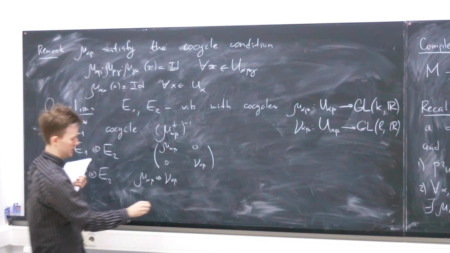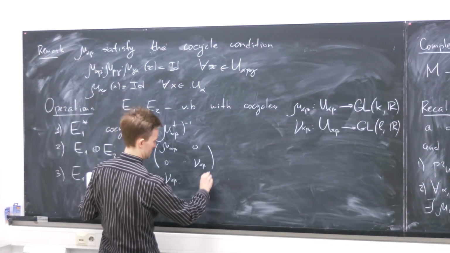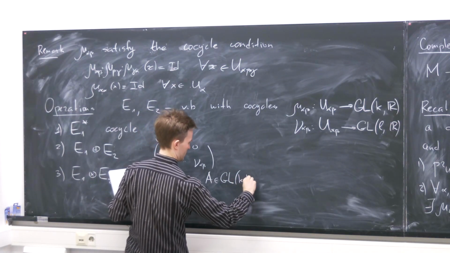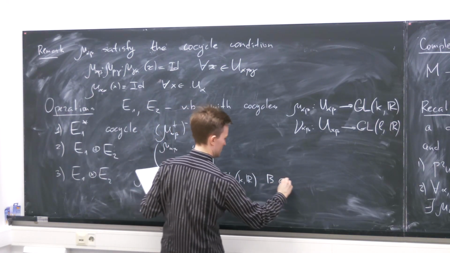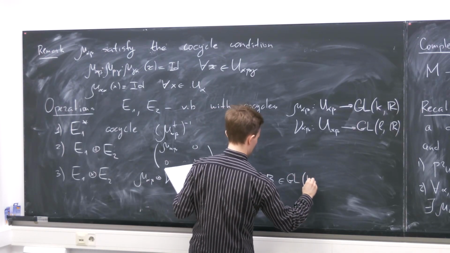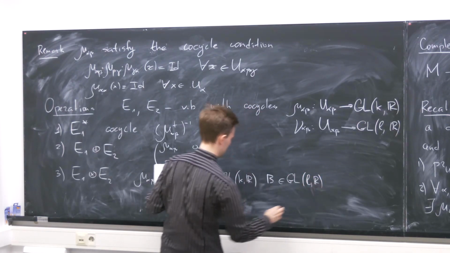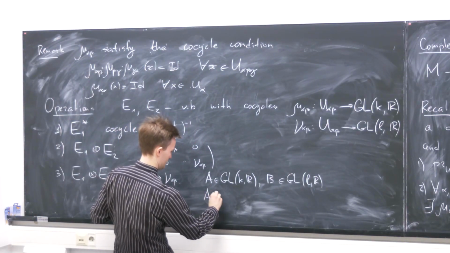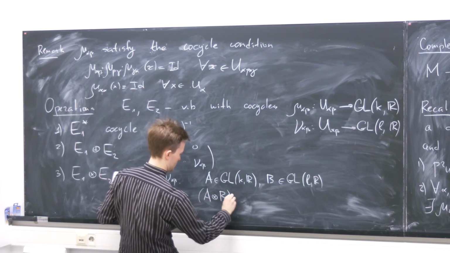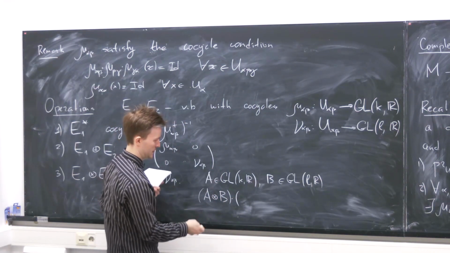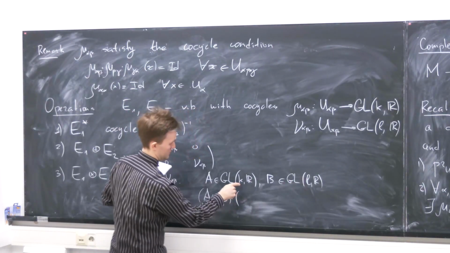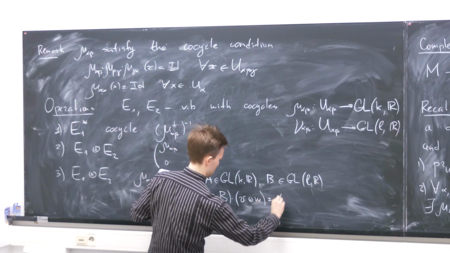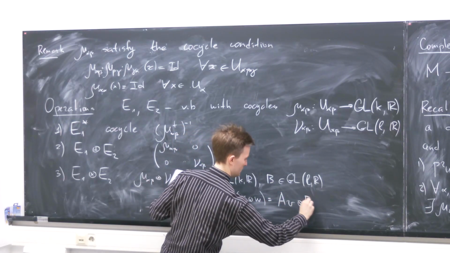If I have two matrices, A in GL_k(R) and B in GL_l(R), then the tensor product acts on some decomposable vector in the tensor product of these two vector spaces of dimension k and l in the obvious way, like this.